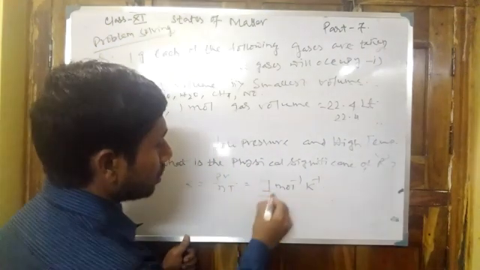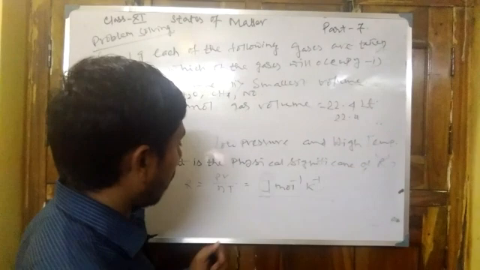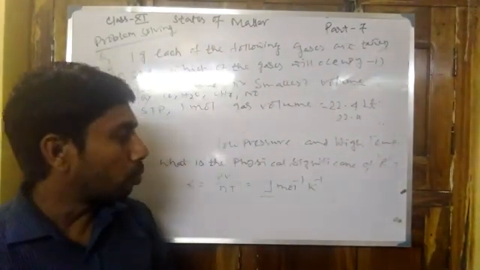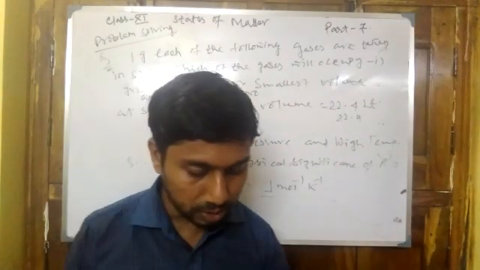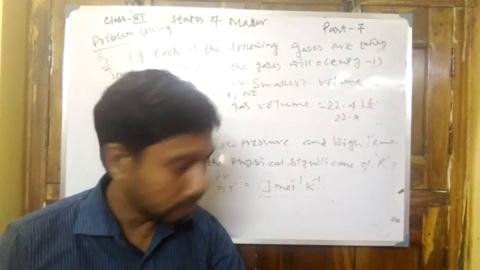So Joule is the unit of work. Now R is the work done per mole per Kelvin. So what is the physical significance? R is the work done by the gas per mole per Kelvin.